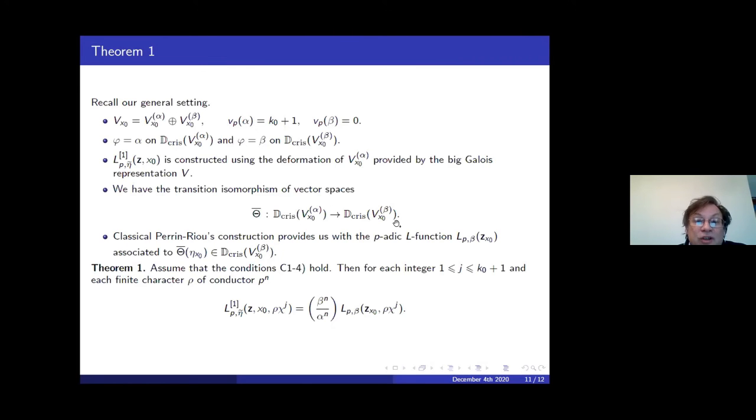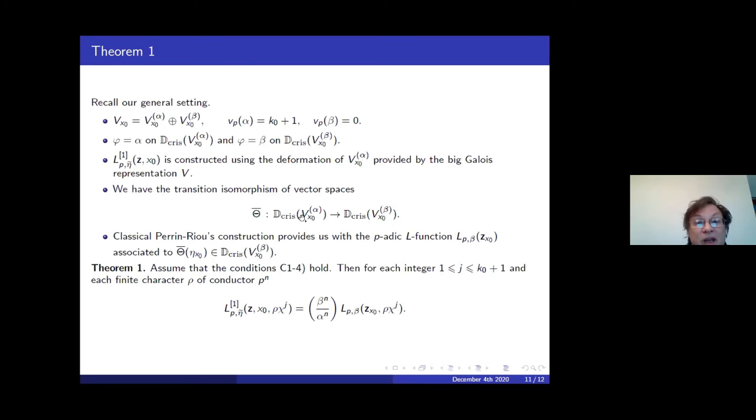This construction uses essentially the infinitesimal deformation of Vx0 alpha provided by the representation V. Also, classical Perrin-Riou's construction provides us with the P-Adic L-function associated to, in fact, any element of D cris V beta.